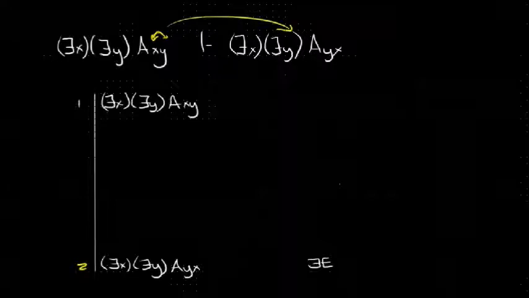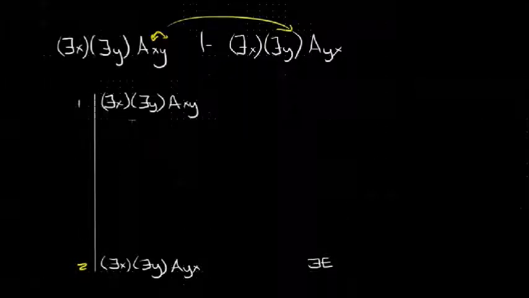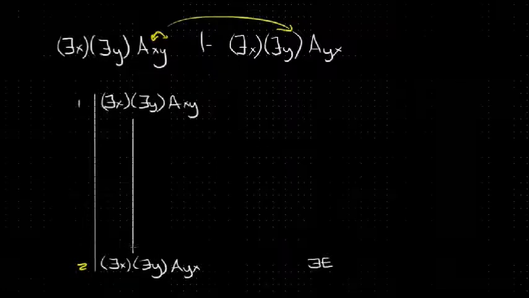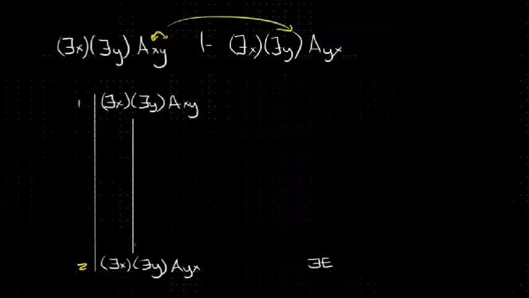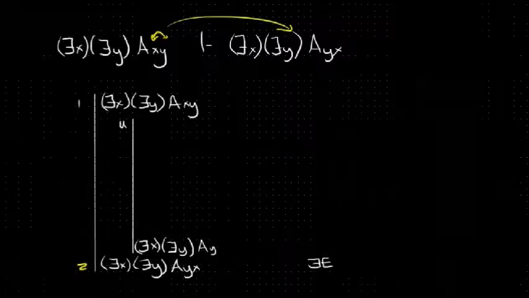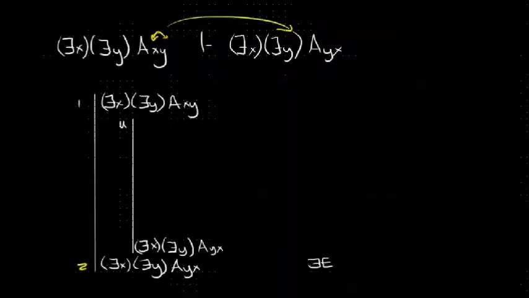Okay, what that immediately tells me is that here I'm going to need a particular kind of structure, and I'm going to draw that in straight away. I think it's really important to think structurally in this way, to think from the bottom and then fill in all of this gap. I'm going to need a parameter bar, so we'll have u as the parameter for this bar, and it's going to have to end with ∃x∃y Ayx.